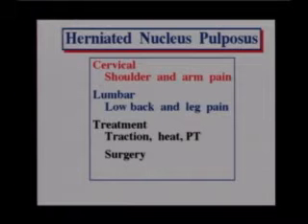Now typically when someone has a slipped disc, they go to the doctor, they are complaining of severe pain, and the doctor gives them some muscle relaxants, some painkillers, maybe recommends traction or heat, or maybe some physical therapy to open up the spaces.